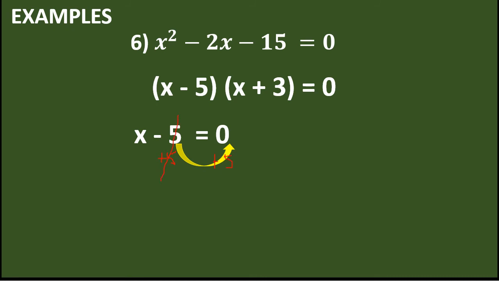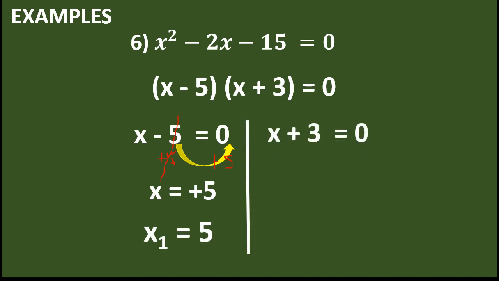So we can cancel this. x is equal to 0 plus 5, which is 5. So x is positive 5. What about the next one? We have x plus 3 equals 0. We have to move positive 3 to the right side of the equation using the additive inverse.